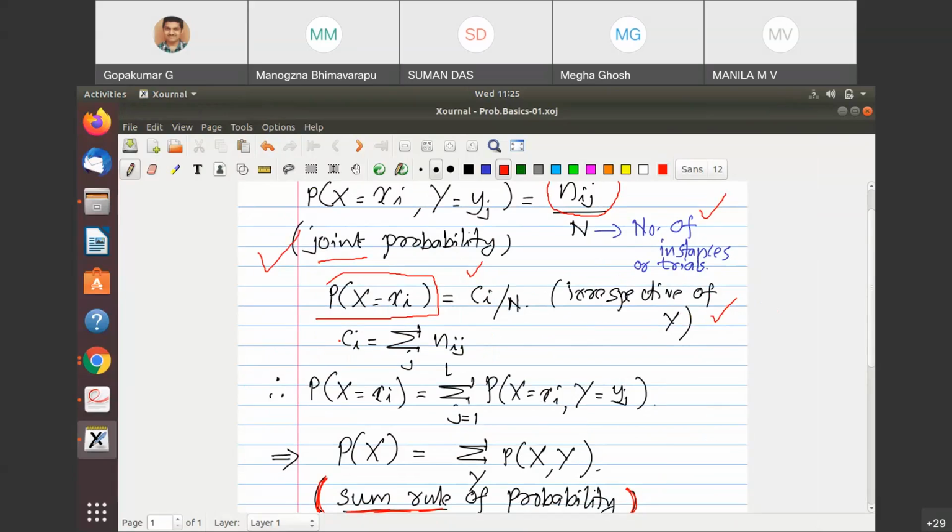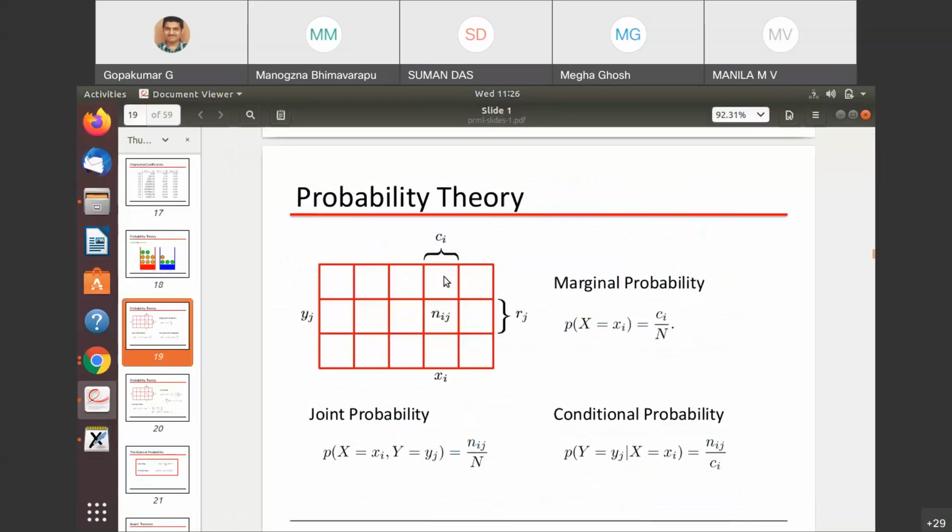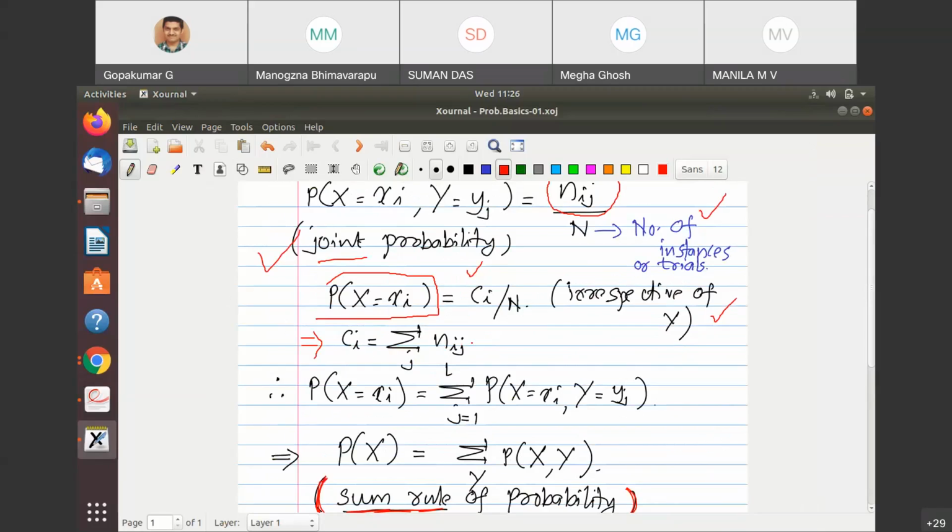And so if you look into that previous cell representation, then we can say that c_i is obtained by taking the summation of all such n_ij values, where we sum over all the j, that is 1 to L. So we sum over all the different values taken by the Y variable, keeping the same x_i value.